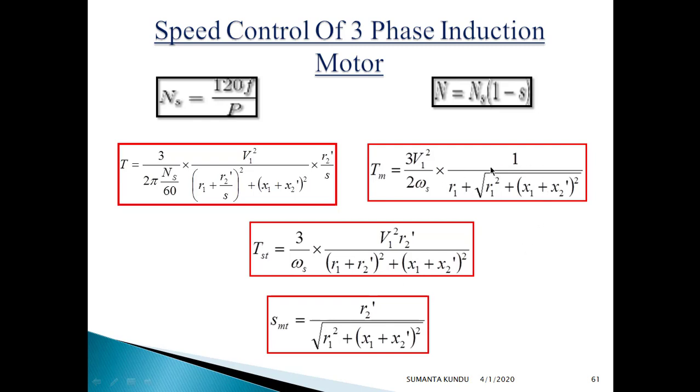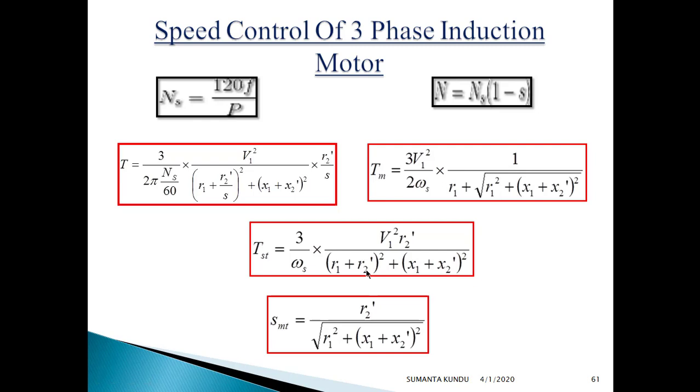In this equation, the x1 plus x2 dash term is always higher than r1 or r1 plus r2 dash, because we know that x equals omega L, that is 2 pi fL. So it is always higher than the value of r1 or r1 plus r2 dash of the equivalent circuit.